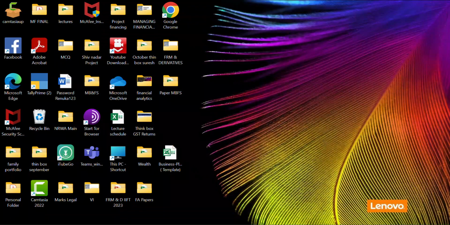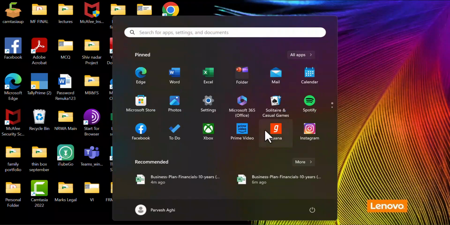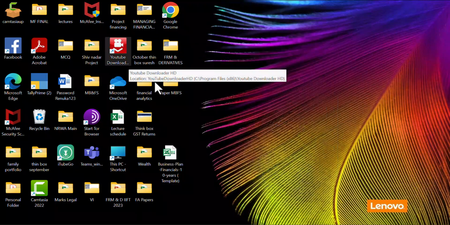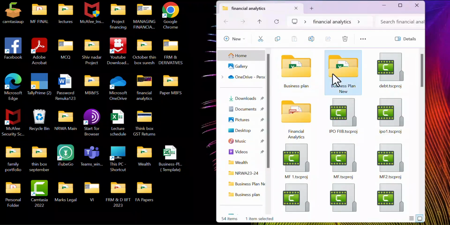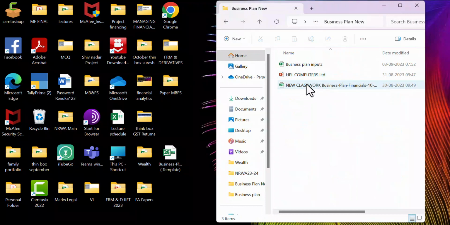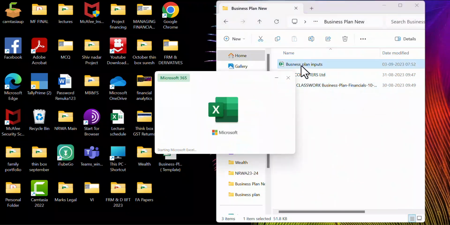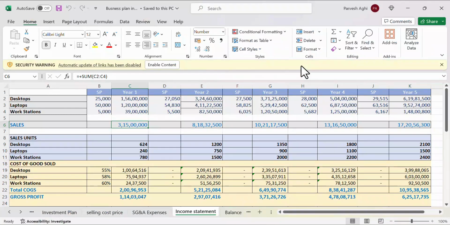Okay. So open this file, okay, which is your business plan inputs. ये file खोलो. Call file में है. Okay. So we are going to use only this.